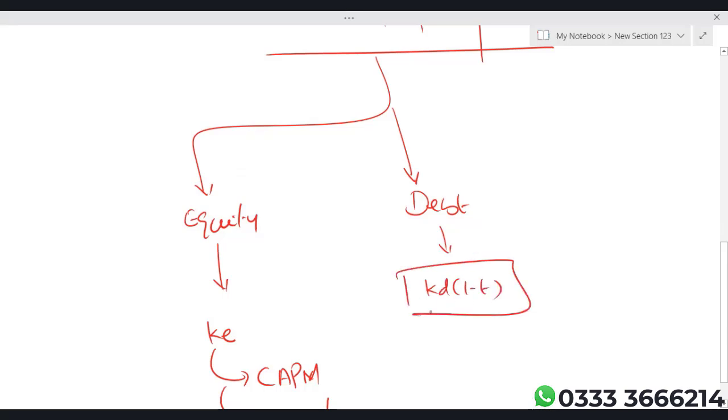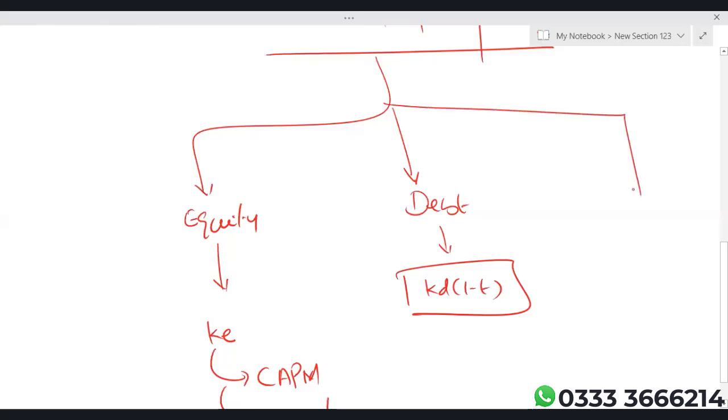When an entity raises finance in the form of debt, on interest payment the company saves tax. That is why the cost is cost of debt after tax, because interest payment results in tax saving.